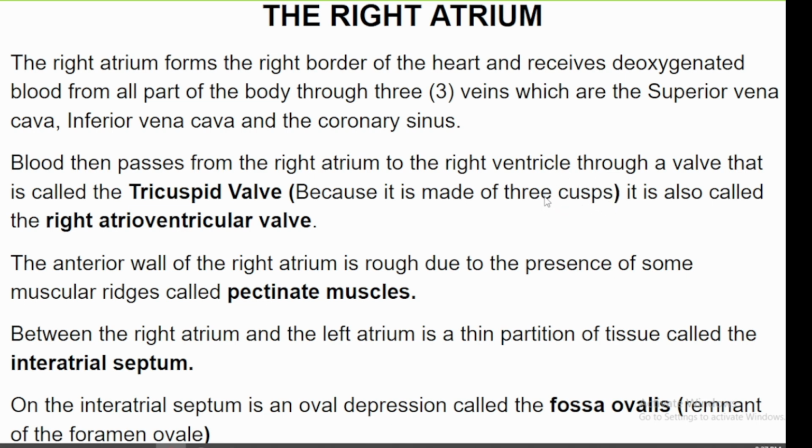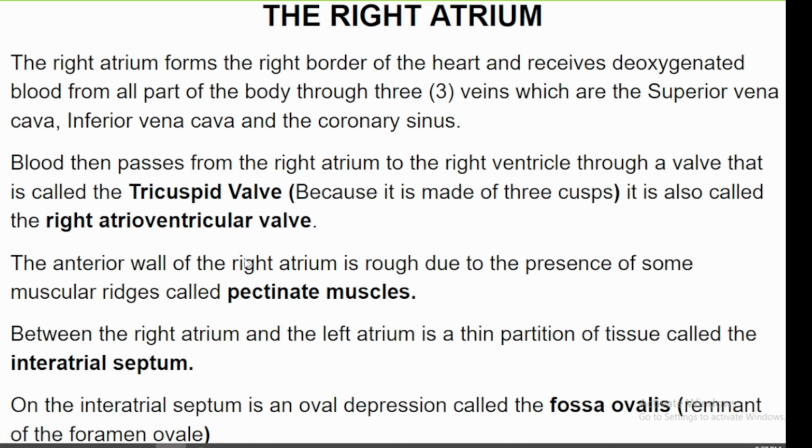It is also called the right atrioventricular valve. Atrioventricular in the sense that it is a connection between the atrium and the ventricle, and it is found on the right side. So that is why the tricuspid valve is called the right atrioventricular valve. So blood passes through this valve into the right ventricle. Is that okay? All right.